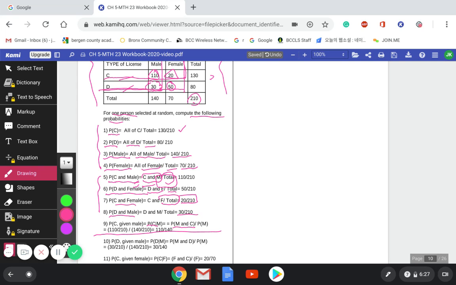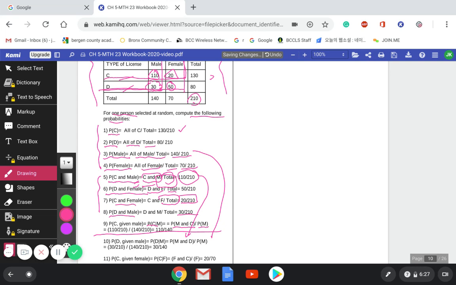So the probability of a male and C is this, out of the probability of male, which is this.